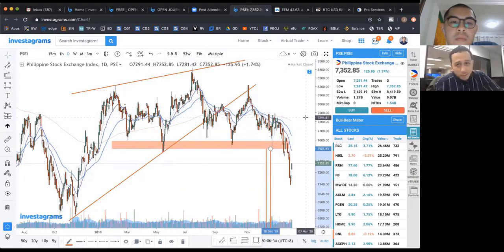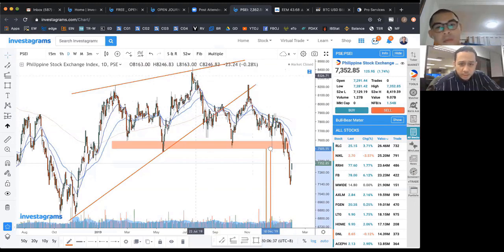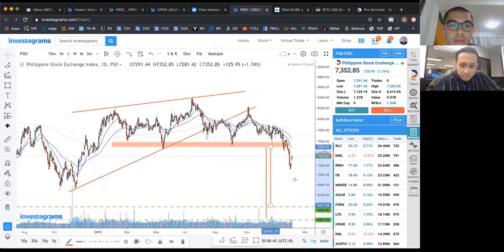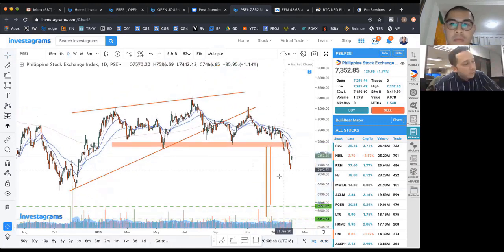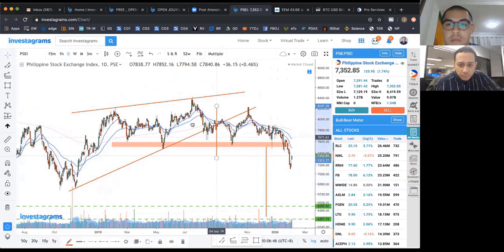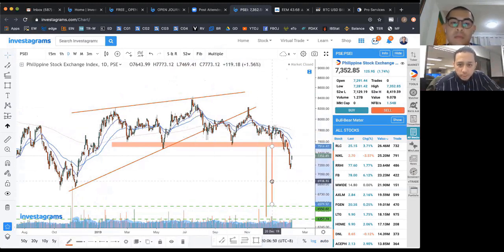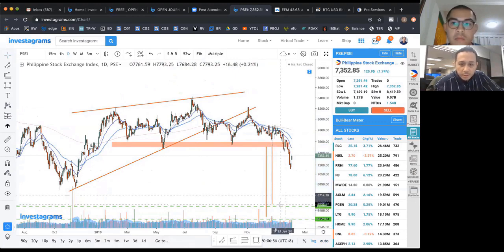Any basic technical analysis book will tell you that if you take the size of that pattern, you can estimate where the potential breakdown target will be. If you take the size of the head and put it below here, you'll see that the minimum breakdown target is at around 6,573.